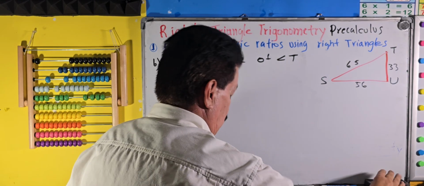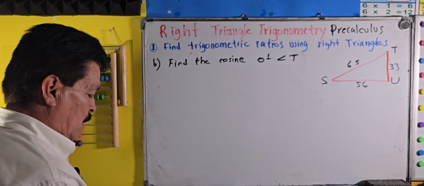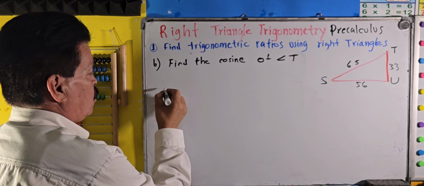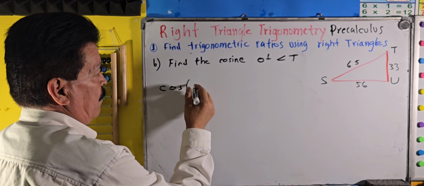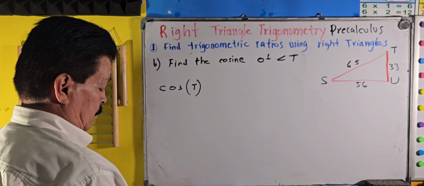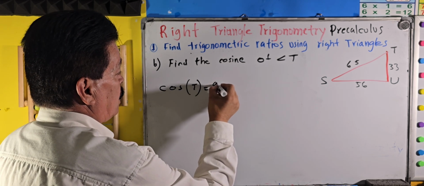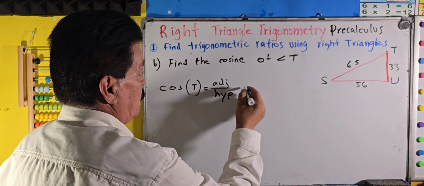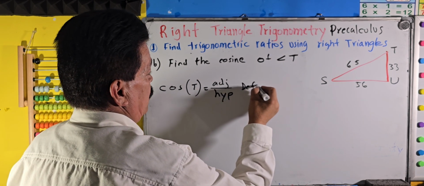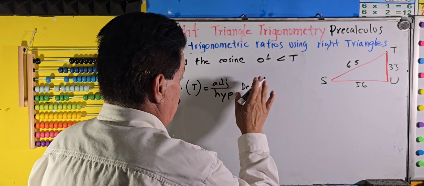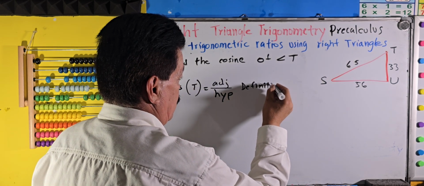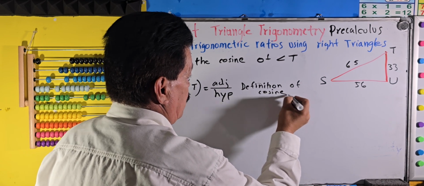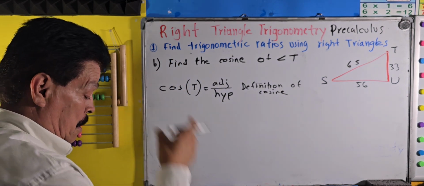So let's do all the steps. We have cosine of T is equal to adjacent divided by hypotenuse. This is the definition of cosine.